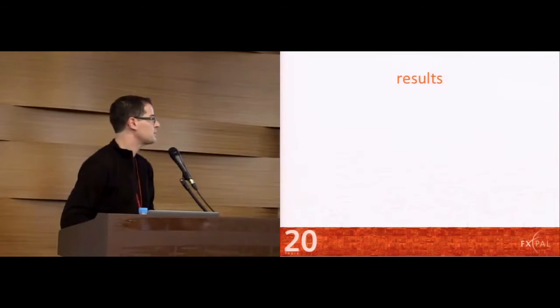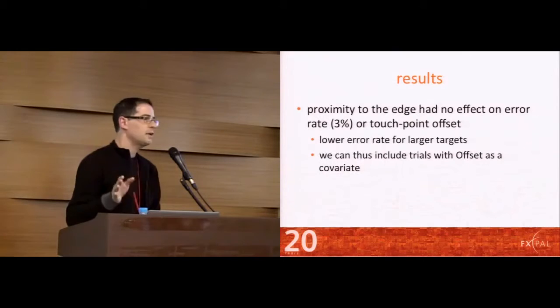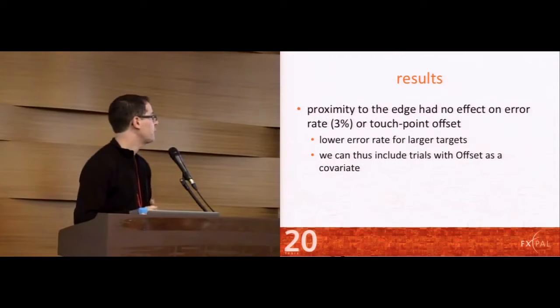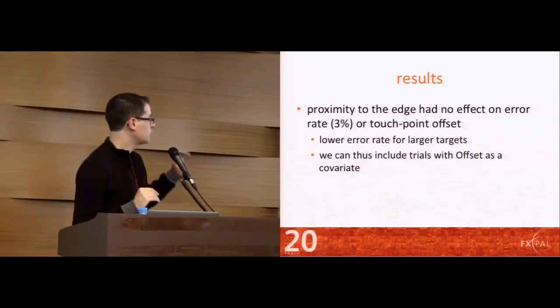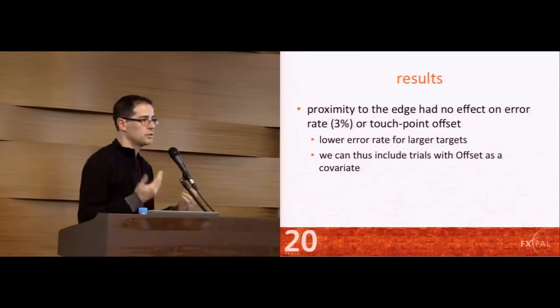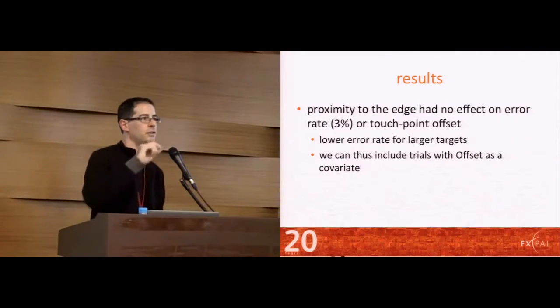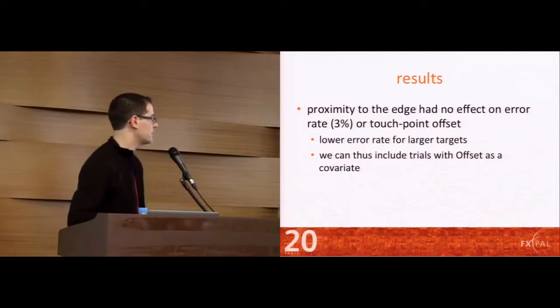Okay, so let's look at the results of experiment 2. Again, proximity to the edge had no effect on error or on touch point offset. There was lower error rate for larger targets, which is not that surprising, but that again allows us to include the offset from the target center as a covariate in the rest of the analysis.